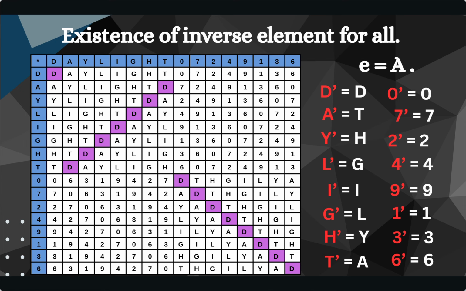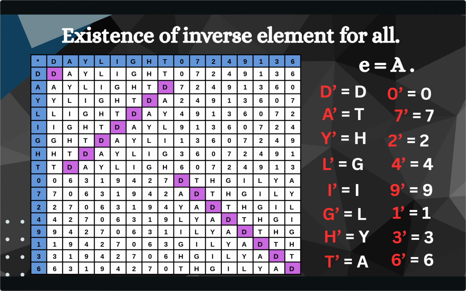And the existence of inverse element for all. We already know that the identity element is the letter D. Now we need to determine whether the inverse of each element also exists. So we will consider the identity D in finding the inverse of each element.